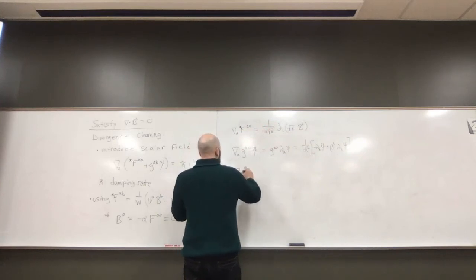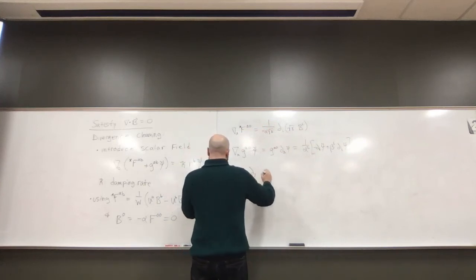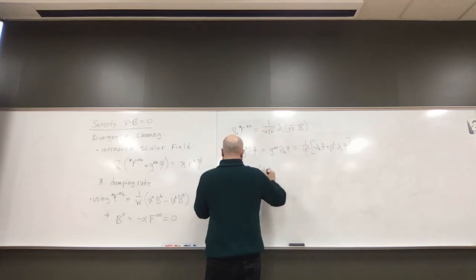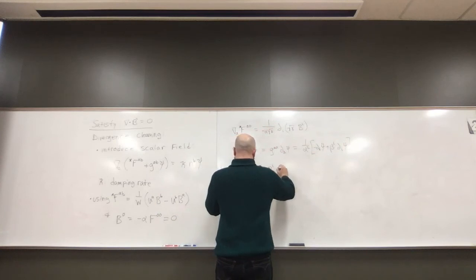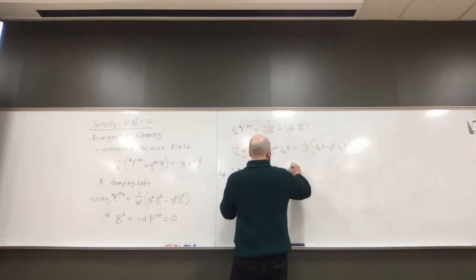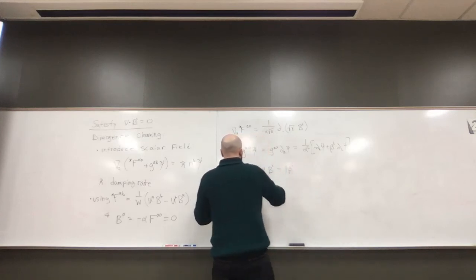dt of psi plus the divergence of alpha b^i minus psi beta^i. That should be an i, sorry.